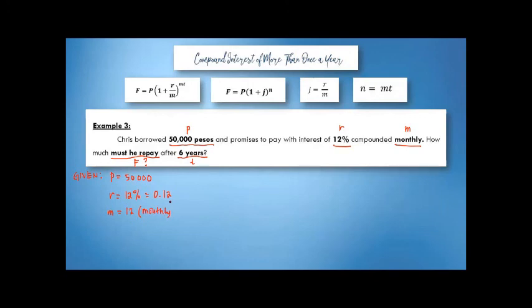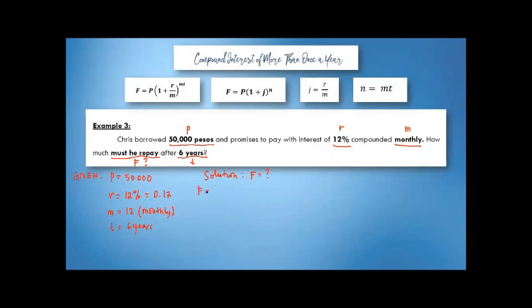And then ang ating time is 6 years. So isa lang yung pinapahanap sa atin, which is the future value. So isang solution na lang tayo. So solution, solve for the future value.